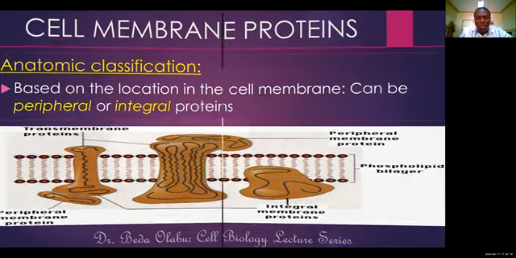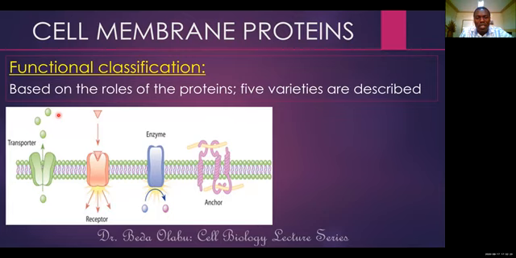But there's also another way in which we can classify these proteins. We can classify them based on their functions. And so we call that functional classification of cell membrane proteins. This type of classification would therefore recognize about 5 or 6 varieties of cell membrane proteins.